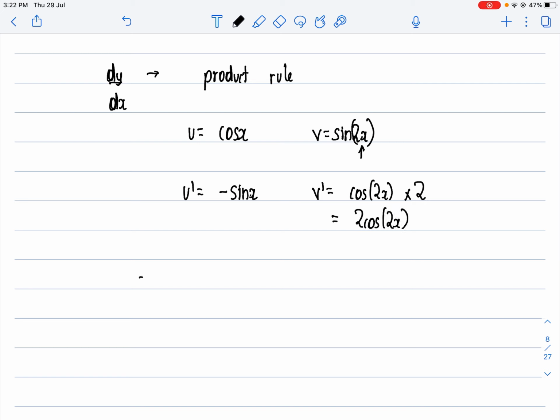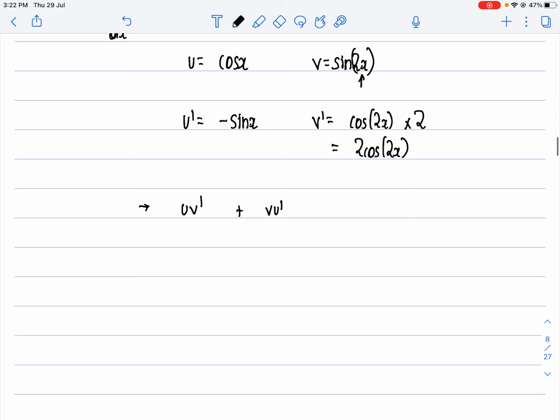Now I know my dy by dx is given by the formula uv dash plus vu dash. So by basic substitution, I can write this as first u, which is cos x, multiplied by v dash, which is 2 cos 2x, plus vu dash. vu dash is basically sin 2x multiplied by minus sin x.